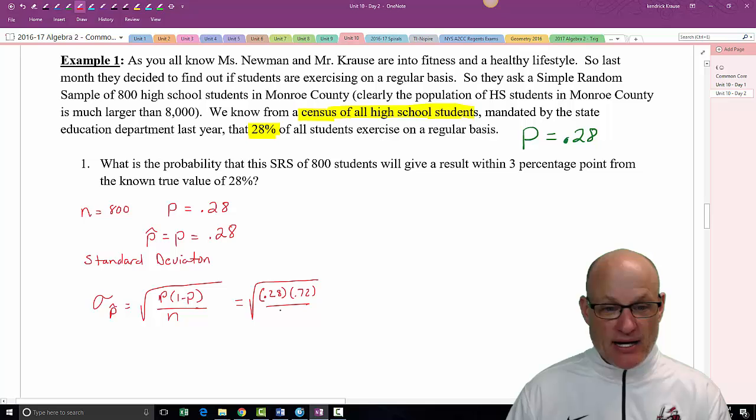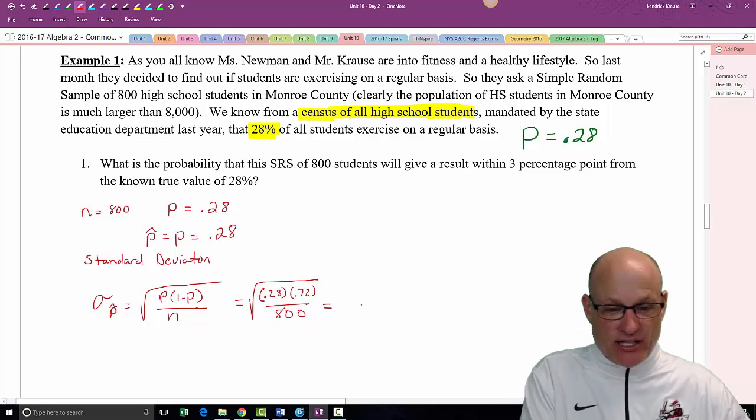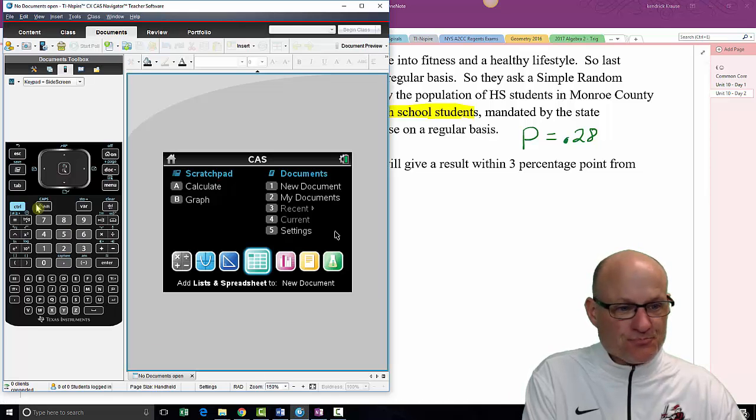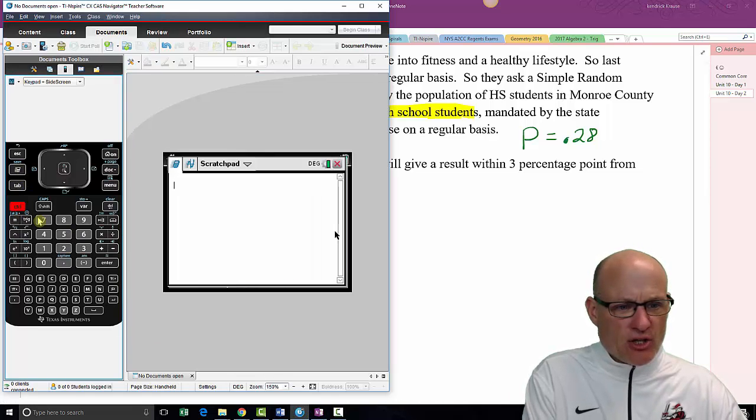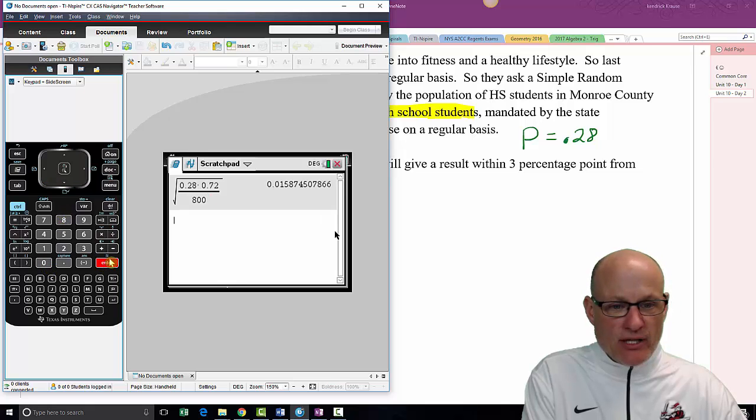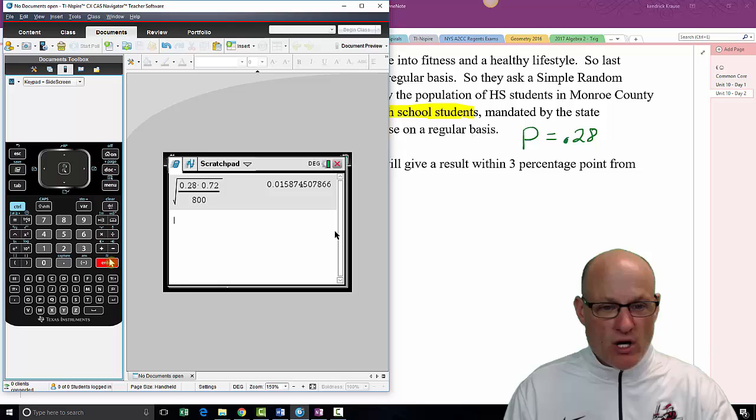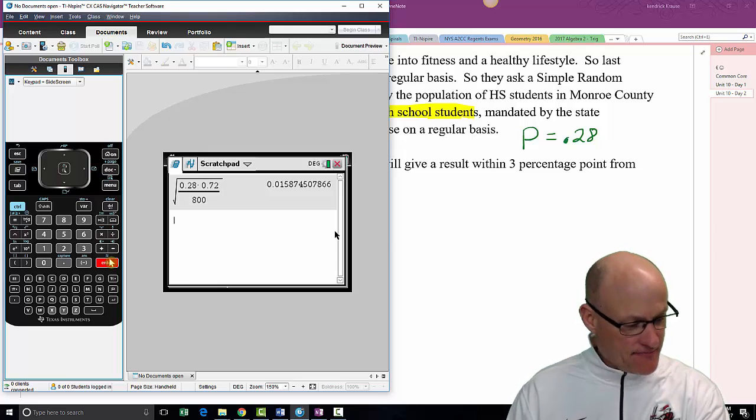And we're going to divide by 800. So we're going to get some standard deviation. I'll grab my calculator to make sure my calculations are correct. Square root of 0.28 times 0.72 all over 800, and we get a standard deviation of 0.0159.